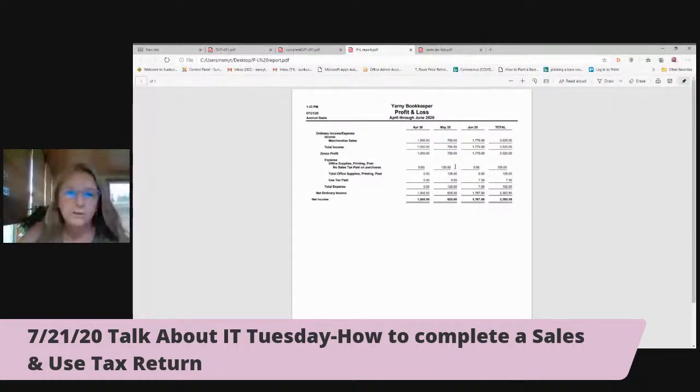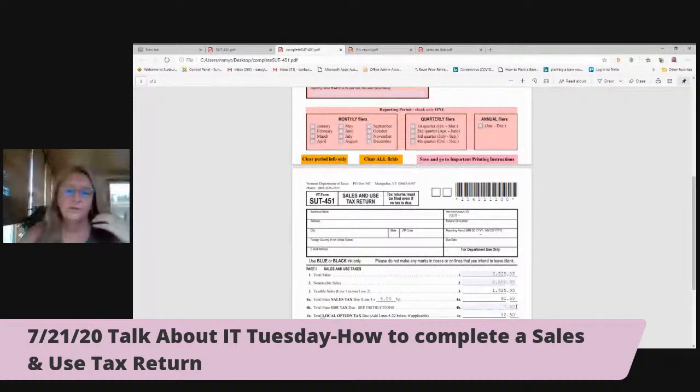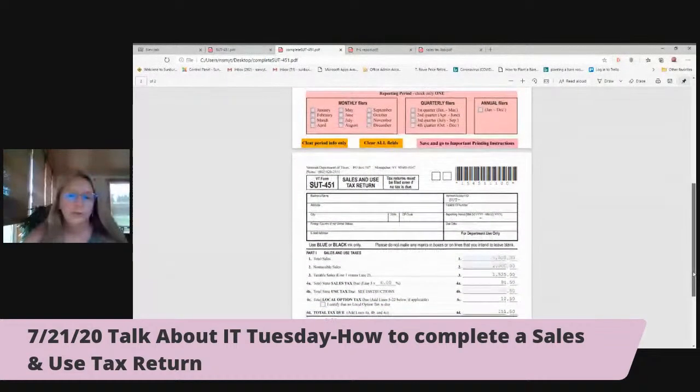So I have $125 that I owe use tax on. So you simply take the 125, multiply it by 6%, and it's $7.50 in use tax that I owe. With me so far? Okay, perfect.